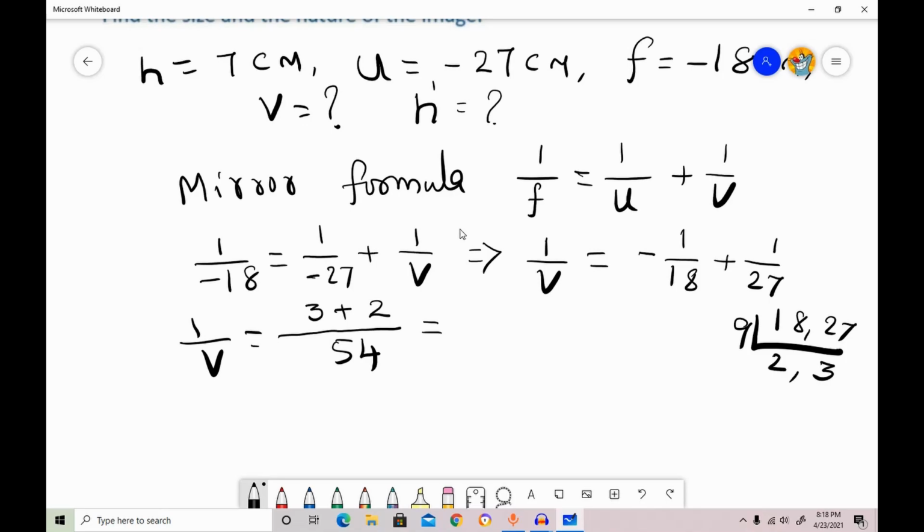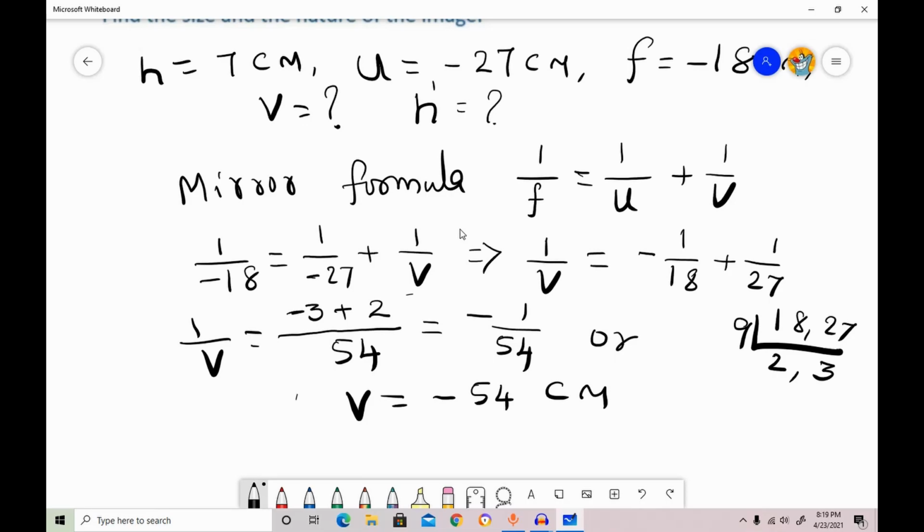This equals minus, see here, this is the minus. It becomes minus 1 divided by 54, so v becomes minus 54 centimeter. So here the sign is negative.